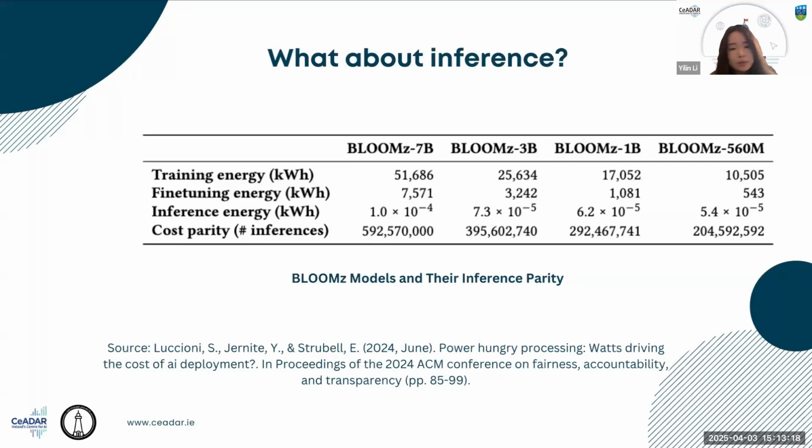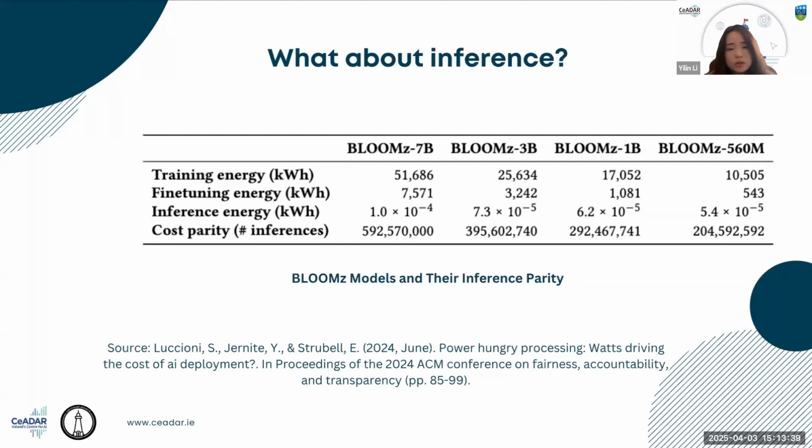So in this table, we can see the different versions of the BLOOM model, from 7 billion to 560 million parameters. The key thing to notice is the cost parity at the bottom.